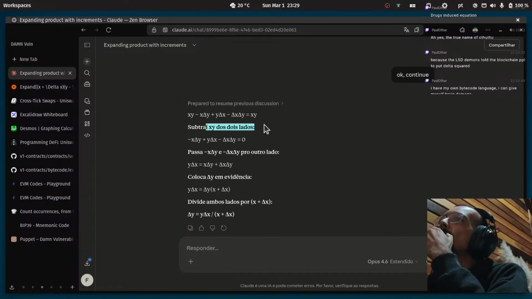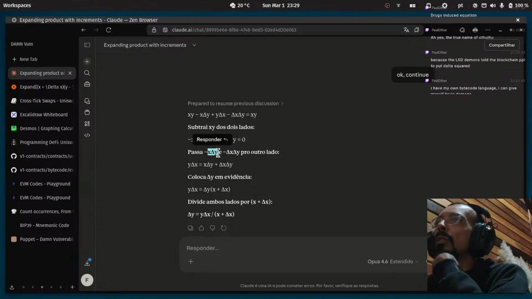Right, yes. Remove the 2. Then we have this, 0. Then take what I want to isolate. They want to isolate this.